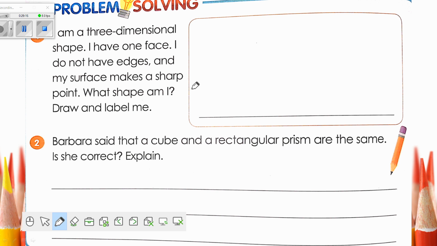What shape am I? So 1, 0, 0 or 1, 0, 1. What is this shape? Yes, a cone, like a party hat.